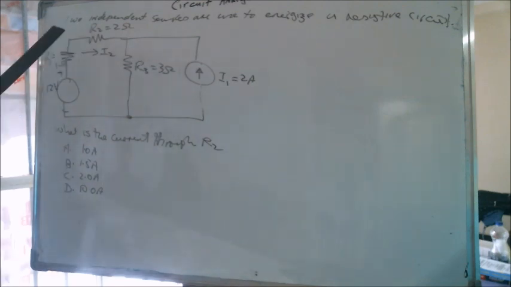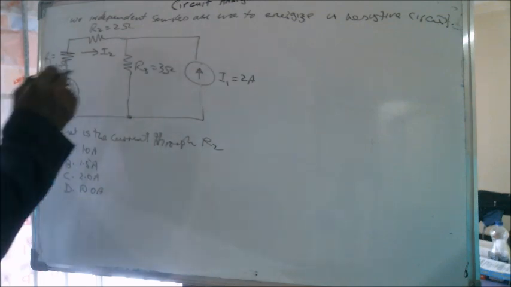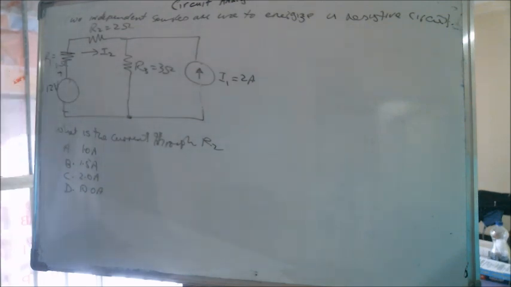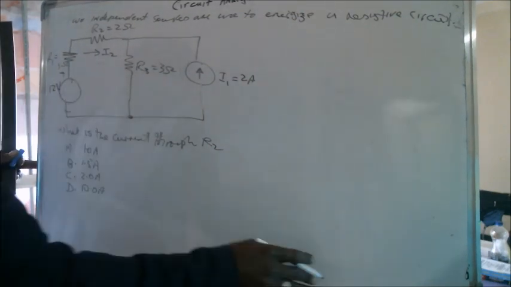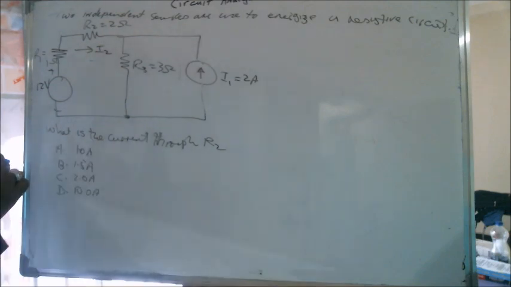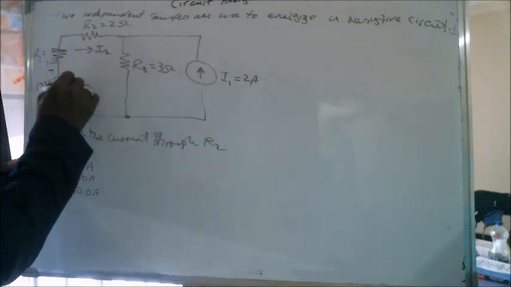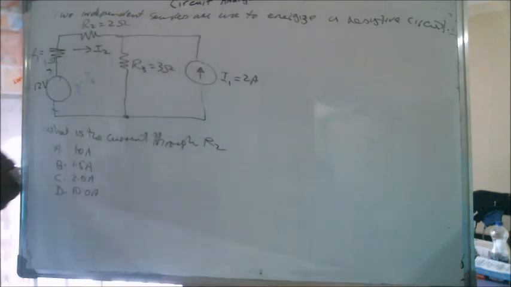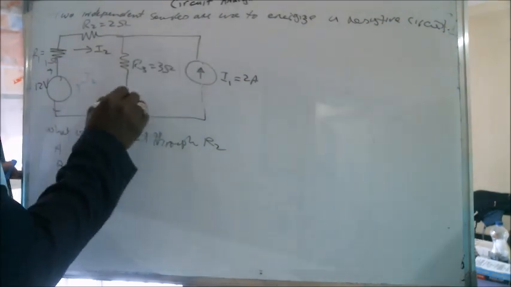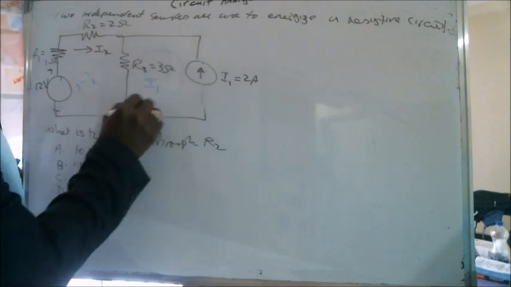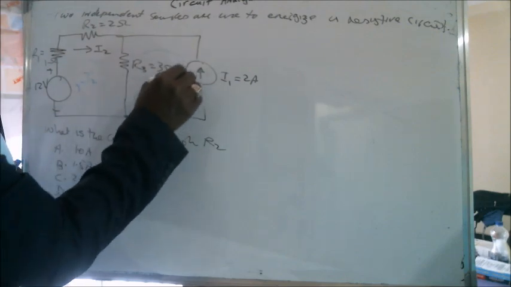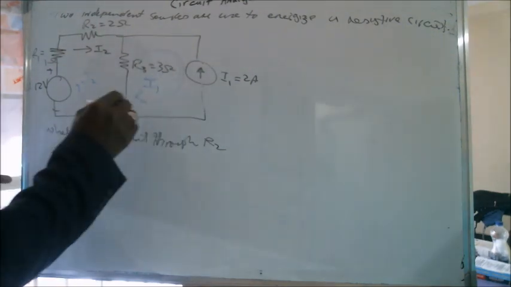How do we proceed with this? Let's take this as a loop. If you're taking loops for this circuit, this is loop 1, which contains I2, and this is loop 2, which contains I1. But this is clockwise and this is opposite to the flow of current, so I1 prime here is going to be negative.